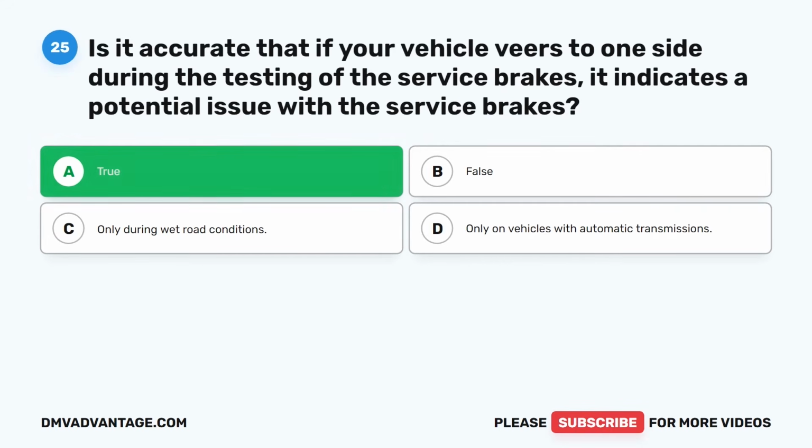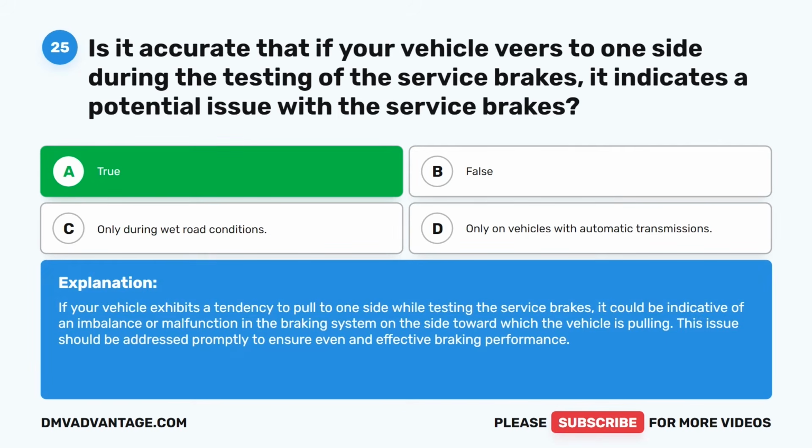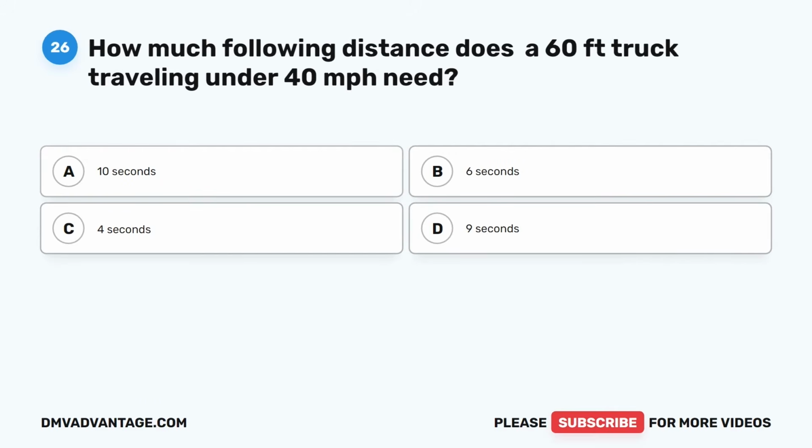The correct answer is A, true. If your vehicle exhibits a tendency to pull to one side while testing the service brakes, it could be indicative of an imbalance or malfunction in the braking system on the side toward which the vehicle is pulling. This issue should be addressed promptly to ensure even and effective braking performance.